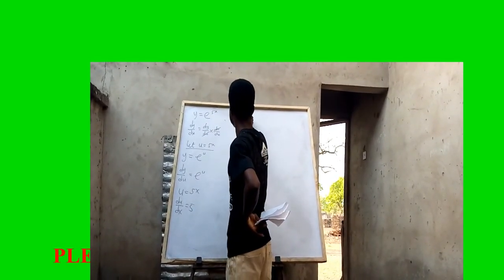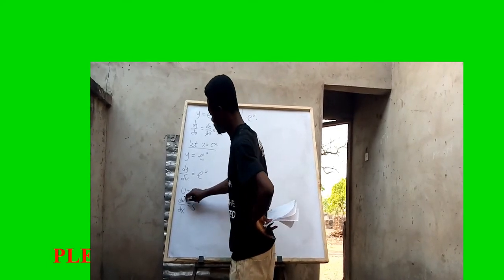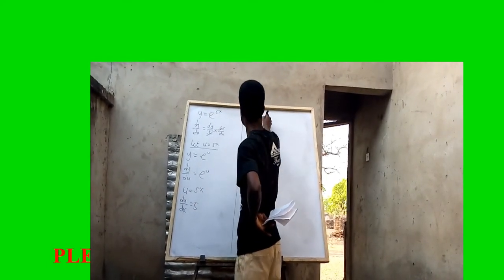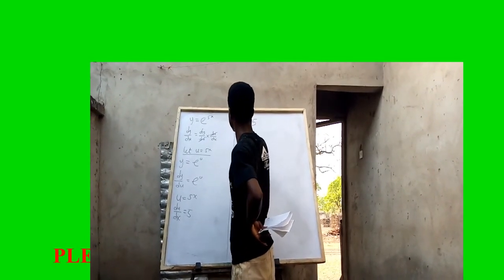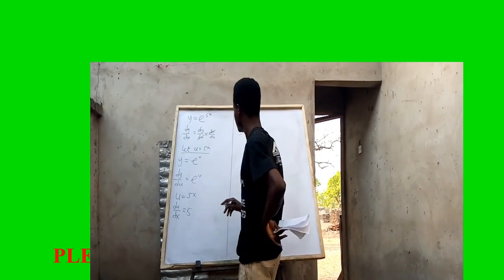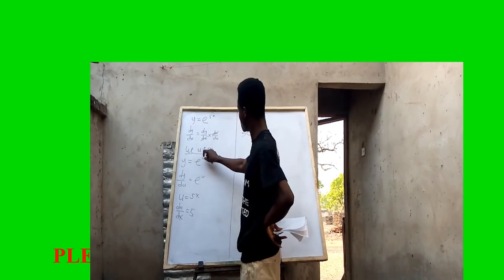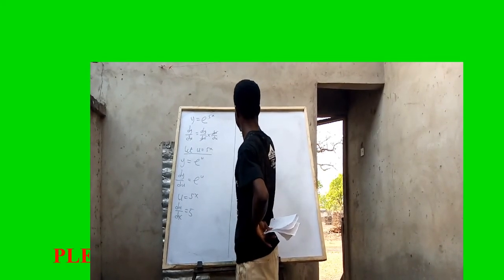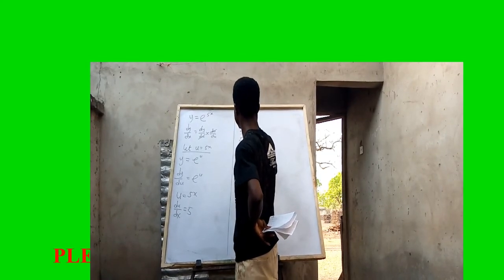So I write e to the u multiplying my du over dx, which is 5. So 5 multiplied by this one, I have 5e to the u here. What is my u? I said let u equal 5x. So I'll replace this one back and get 5e to the 5x.